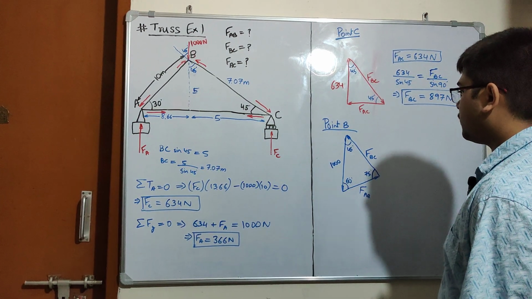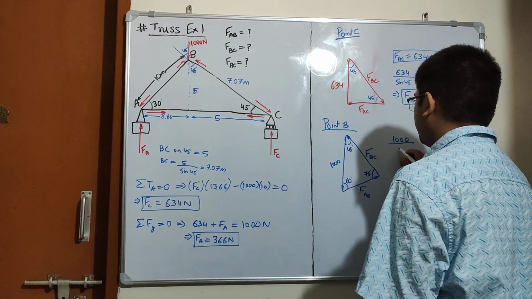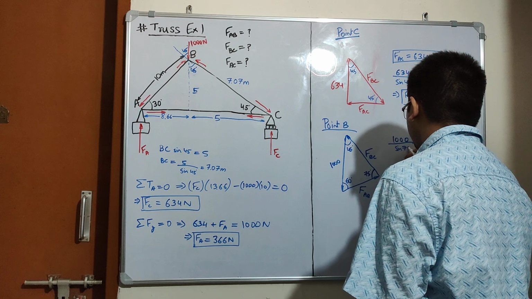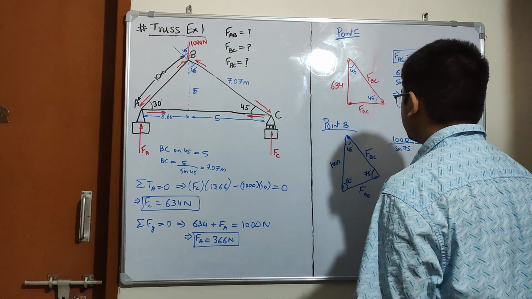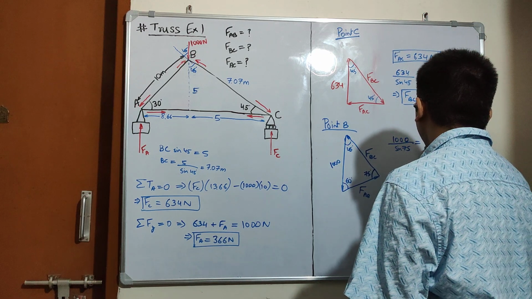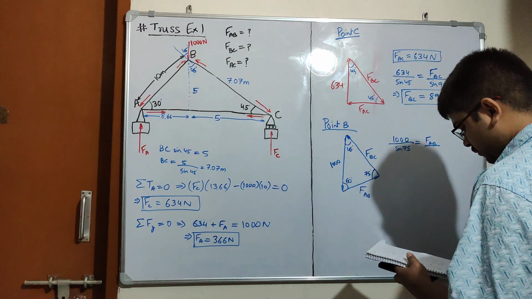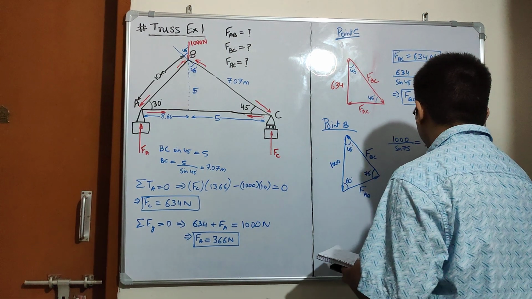Now by law of sines we have 1000 divided by sine 75 equals FAB by sine 45.